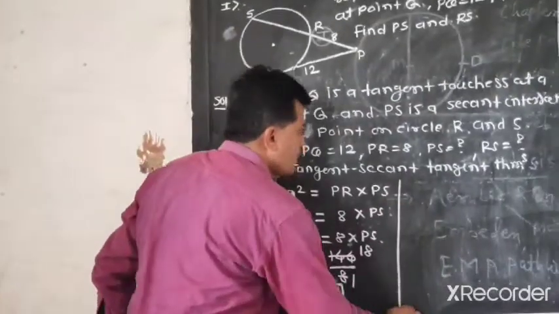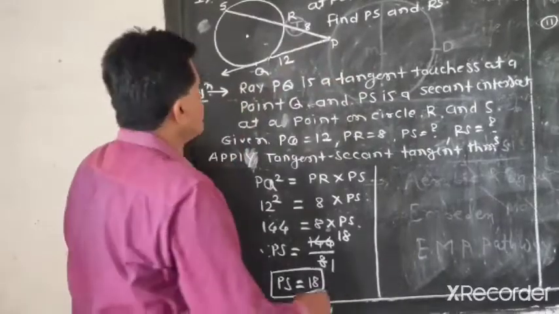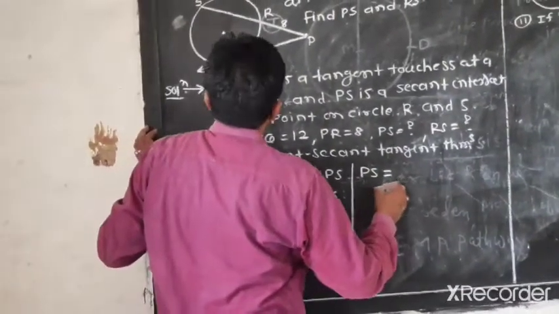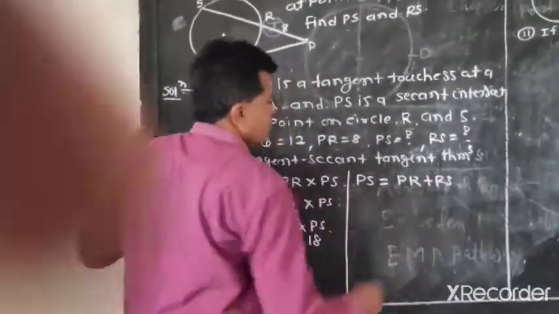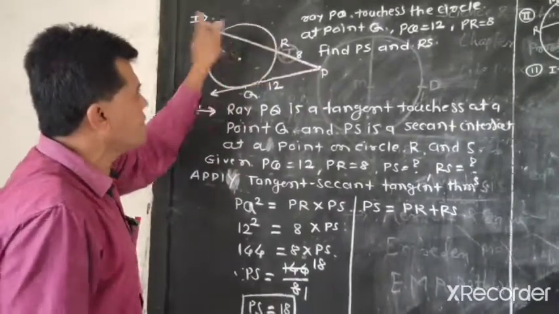Now we have to find RS. PS is equal to PR plus RS, by the segment addition postulate, since there are segments PR and RS.